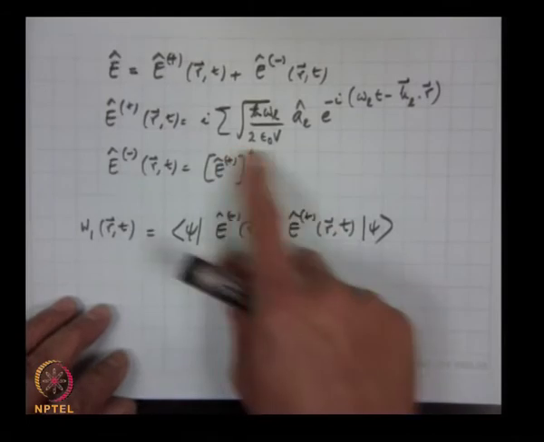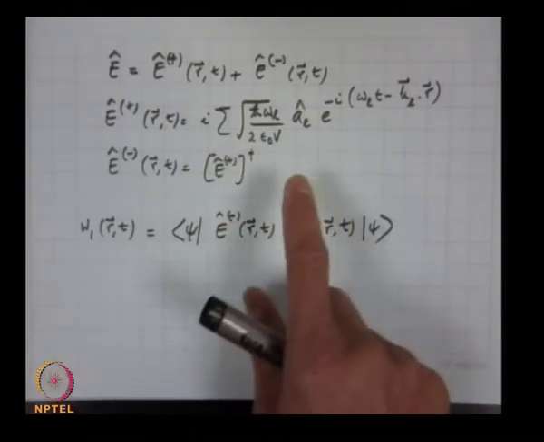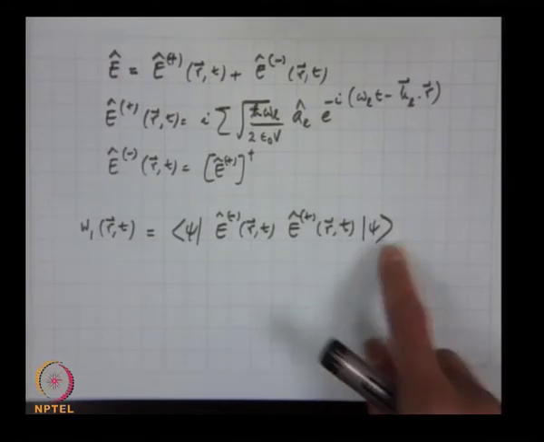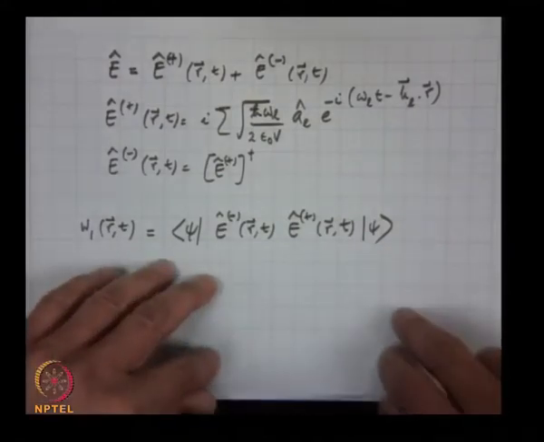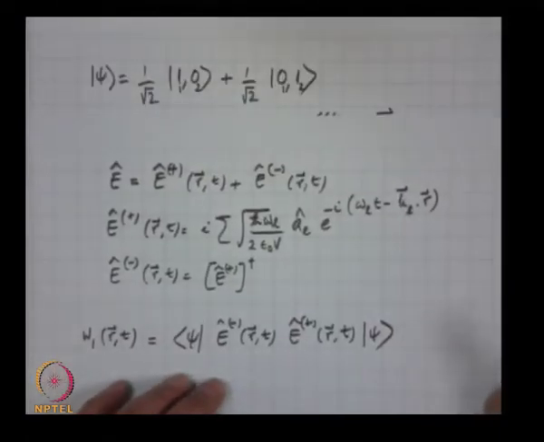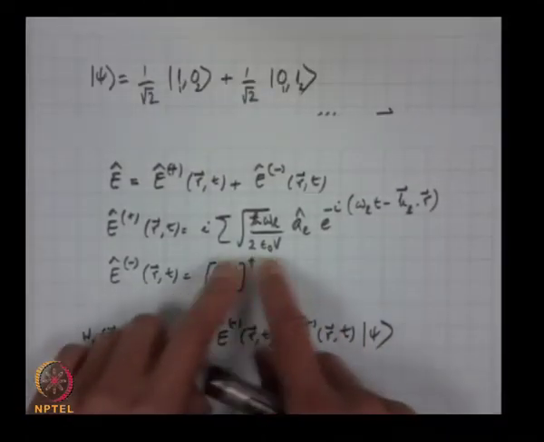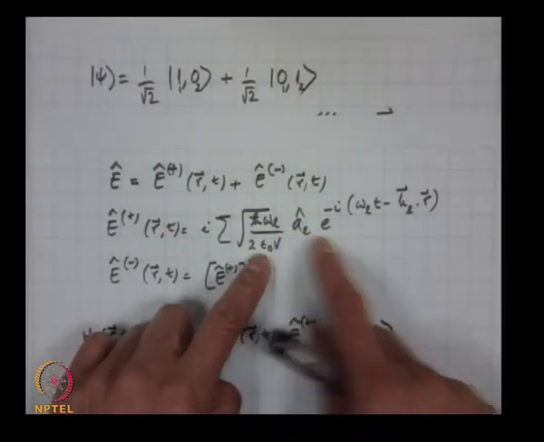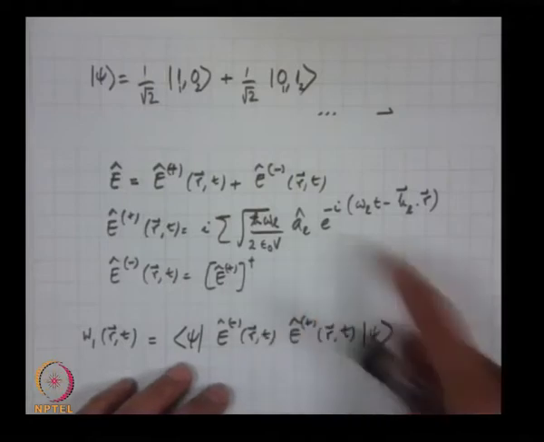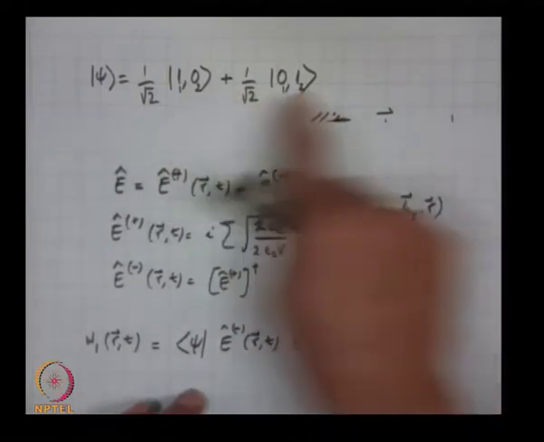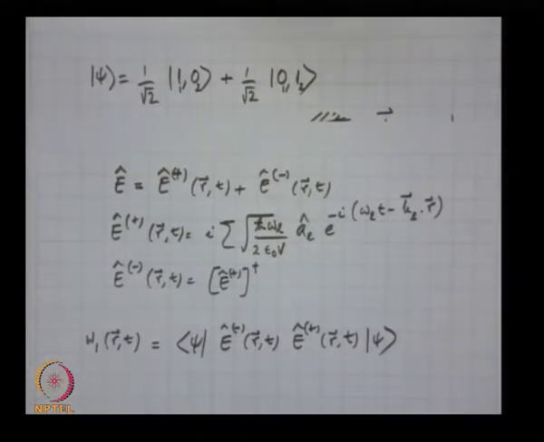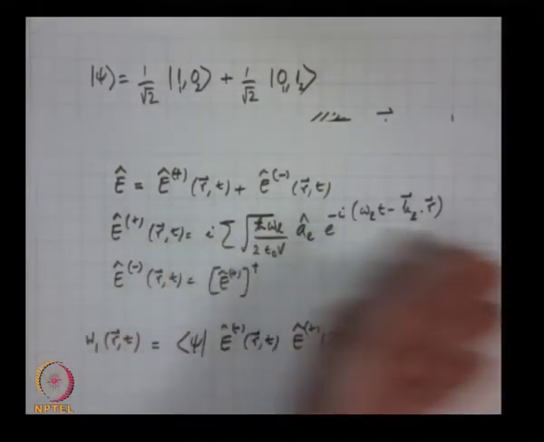All terms in this sum other than those of the two modes will give me 0 when I operate on psi, because psi contains zeros for all values of the subscript other than 1 and 2. So if in this sum I took a third term, omega 3, A3, etc., when that operates on psi, because this is 0, 3, that will give me 0. So I don't have to worry about all other terms in the sum.